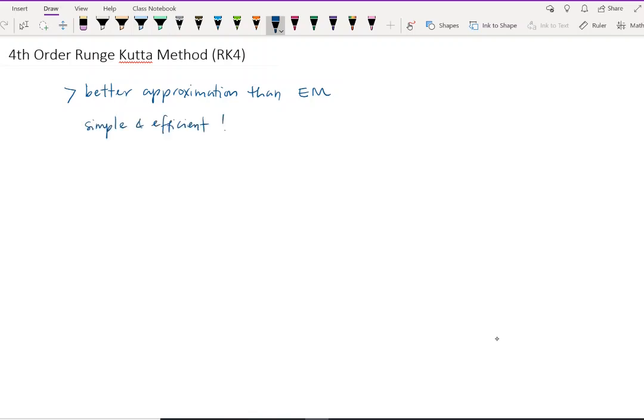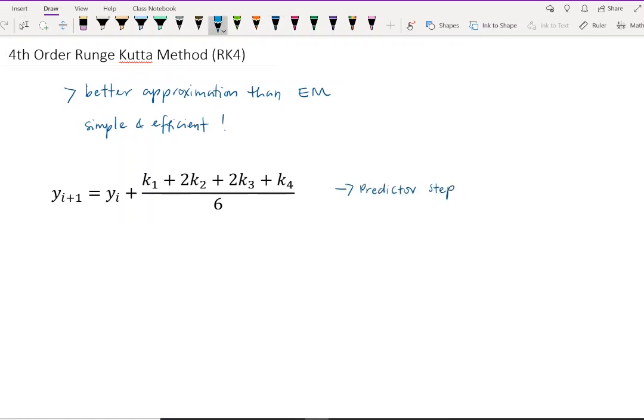So let's see how RK4 works. First, you need to know that the solution of ODEs using RK4 involves several equations. This is the first equation, which we also know as the predictor step. Under this equation, we can see that there are four different unknowns inside, which are K1, K2, K3 and K4.